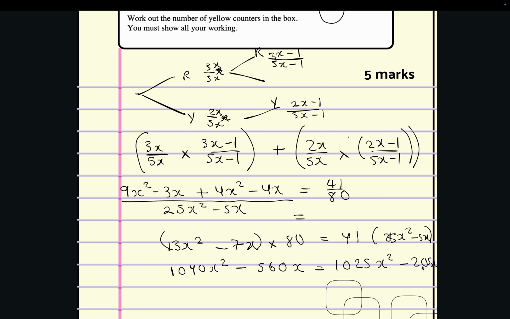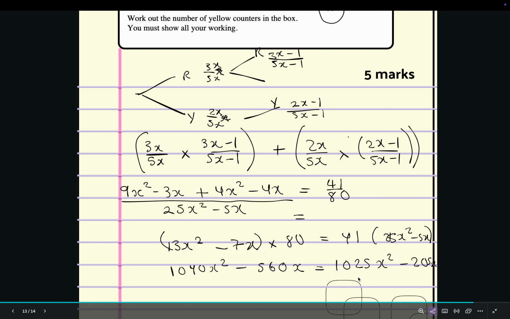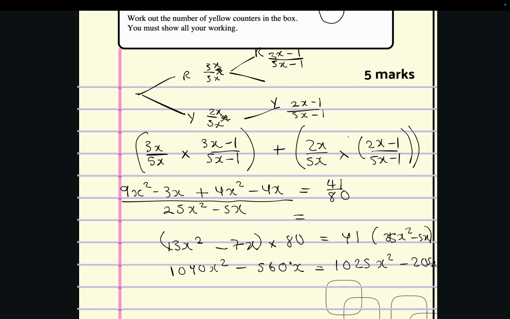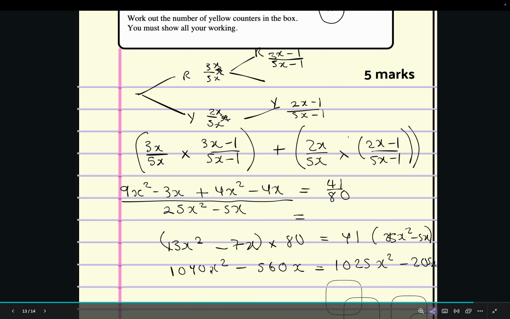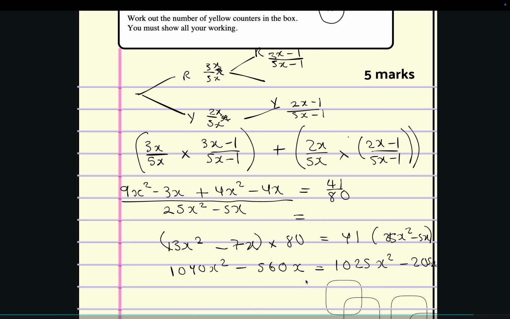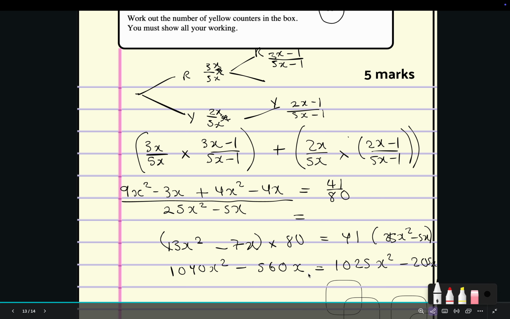So then what would we do? You can take that away from that. Let's see if I actually get the answer here even. So 1025 take away 1040. Sorry, the other way around.